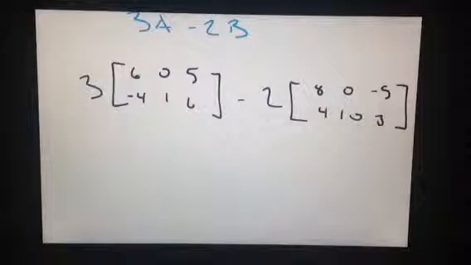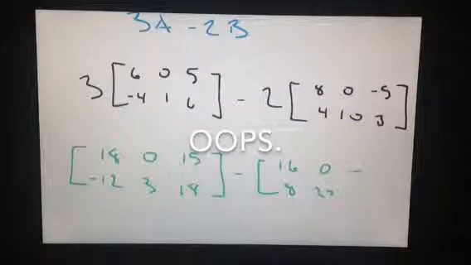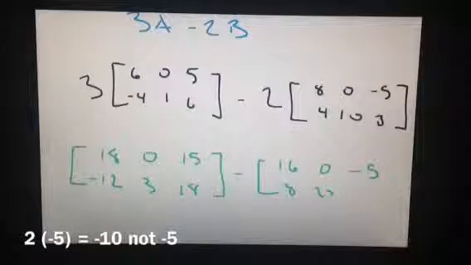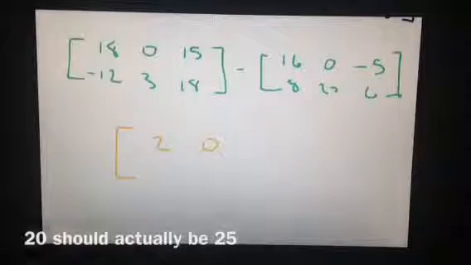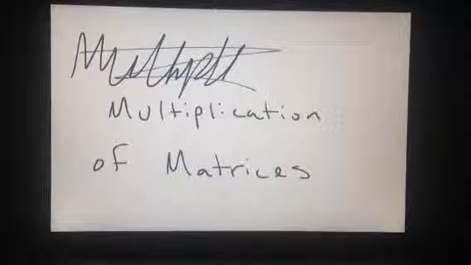Then we'll keep going, multiplying the correct numbers. And from here, it's just keep on following our rules of subtraction. Simple as that. So now we'll go into the multiplication of matrices.